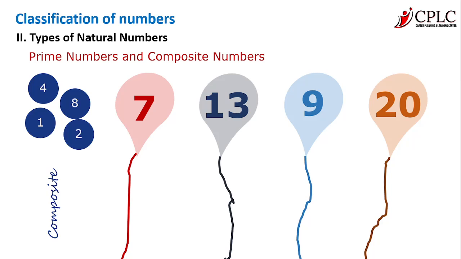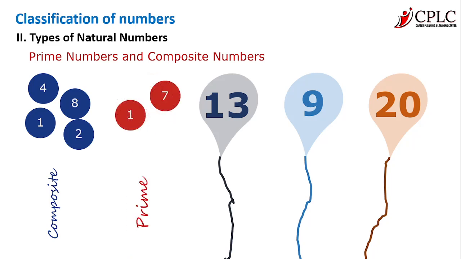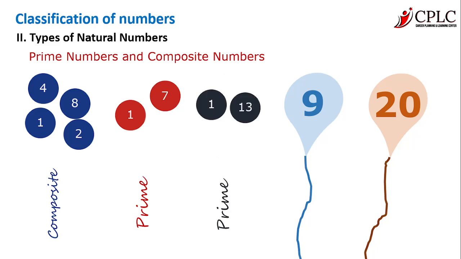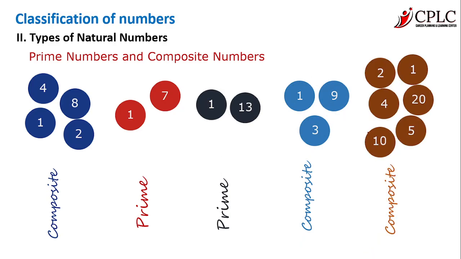Whereas 7 is divisible by only two numbers, 1 and 7 itself. So 7 becomes a prime number. And same is the story for 13, and then 9 and 20 are composite numbers because they have more than two factors. So very, very simple idea. Numbers which have two factors, prime numbers. Numbers which have more than two factors, they are composite numbers.